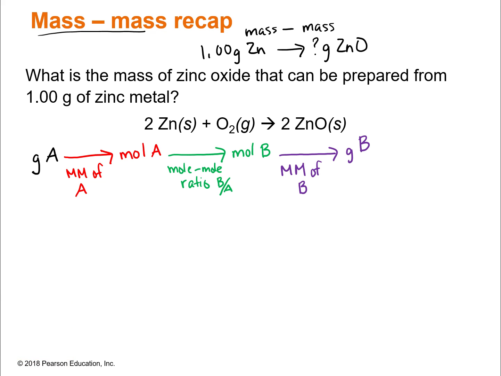For what we're doing, we're going to call the zinc the A, and zinc oxide is B. So we're taking the grams of zinc from the problem and converting it to moles of zinc using the molar mass.